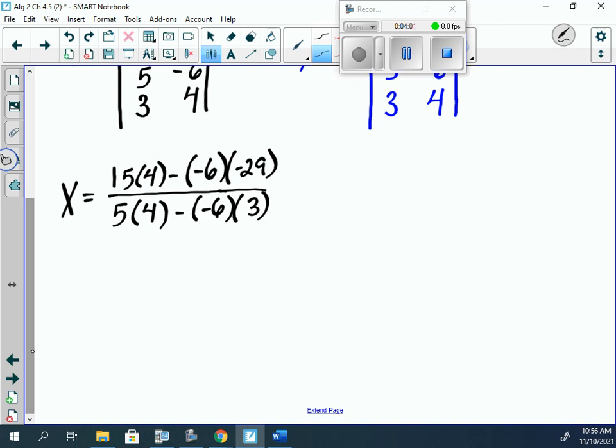Now at this point, we could type this whole thing into the calculator, because the calculator would do this for us, and it would tell us exactly what the answer is. It's 38 over what? 234? Okay.